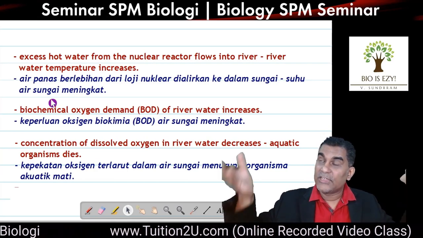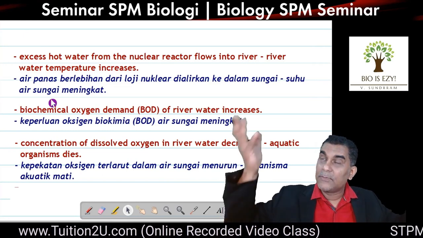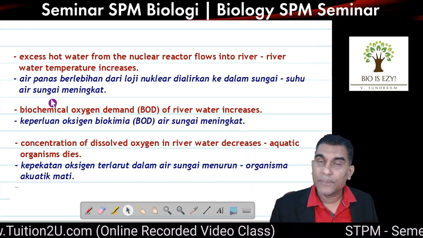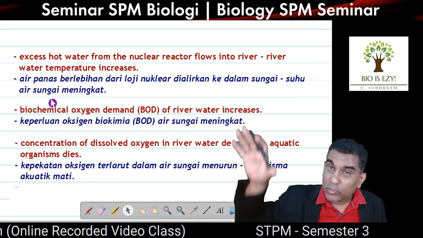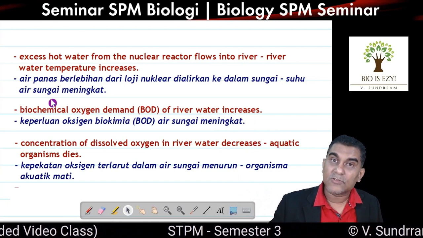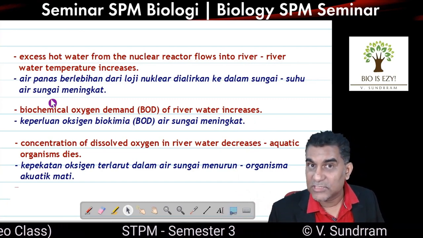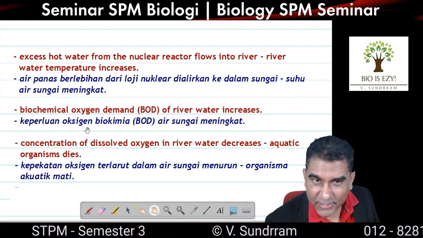General idea, if BOD is high, that means the water is polluted. Lagi tinggi BOD, lagi tinggi pencemaran secara am. Sebab lagi tinggi BOD, lagi kurang oksigen dalam air. Lagi kurang oksigen dalam air, maksudnya sungai itu atau air itu tercemar. It's a polluted water.